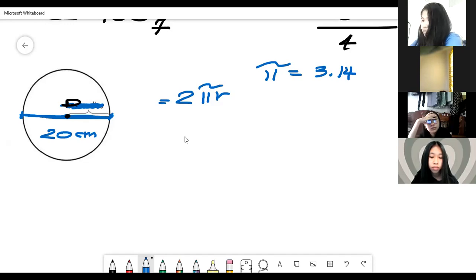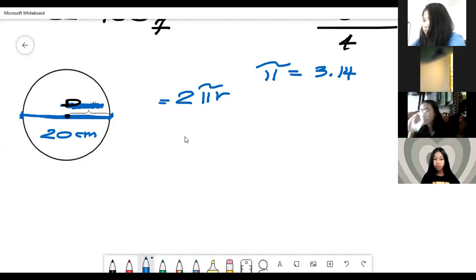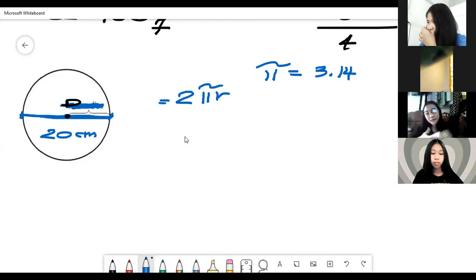The same. But they give you easy work because they suggest the value of pi. If we use 3.14 in example number 2, it's easier.